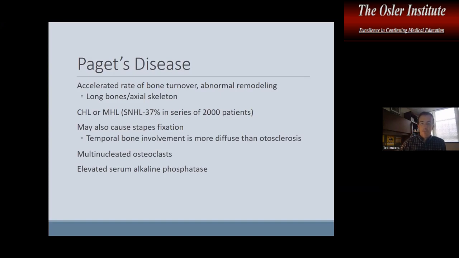Unlike otosclerosis, in Paget's disease the temporal bone involvement typically is more diffuse. Some other things, pathologically, there'll be multinucleated osteoclasts present, and there's elevated serum alkaline phosphatase.